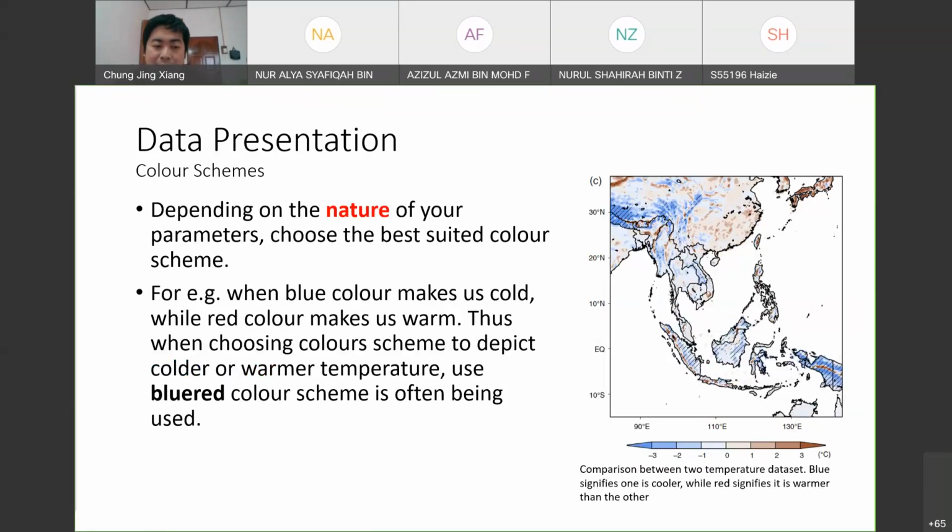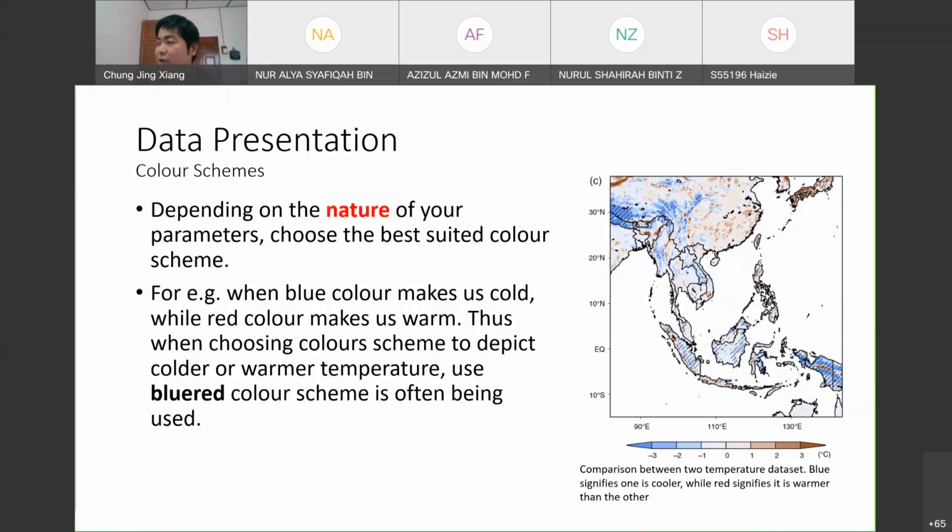So when you plot something which depicts colder and warmer, you usually use this blue and red scheme. Obviously. You can see from this example, these are actually the comparison between two temperature data sets. When you see blue color, you will know one data set is actually colder over this region, but over the other region it is actually warmer.